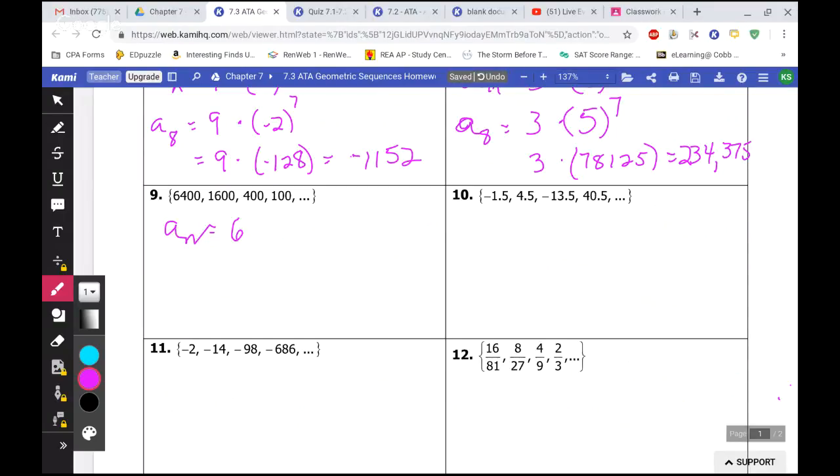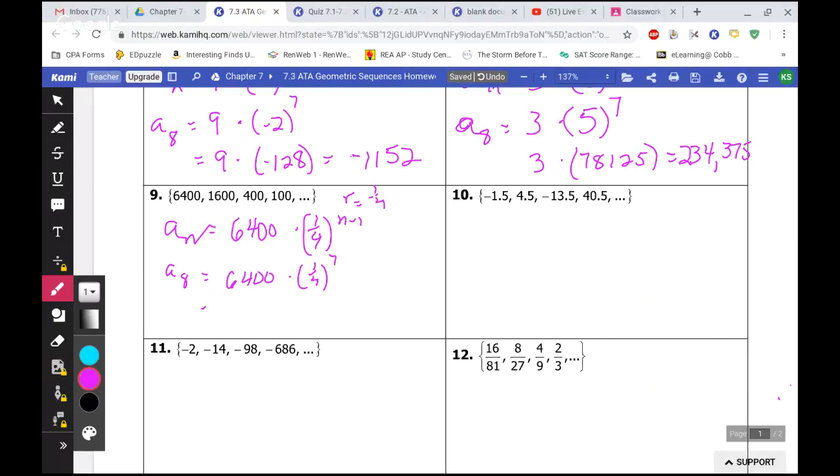And then I'm going to plug in the value of my first term, which is 6,400, times 1/4, because that's my common ratio, and then n minus 1. And then once again, what we're going to do is find the 8th term, 6,400, and then we've got 1/4 raised to the 7th.